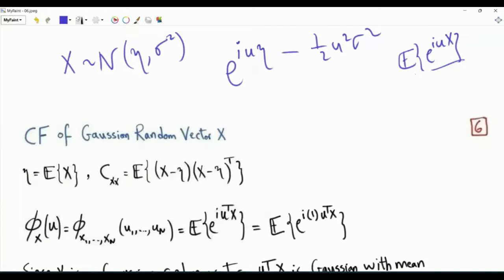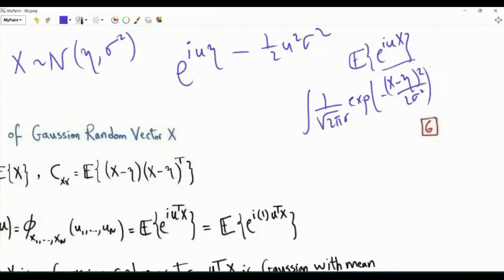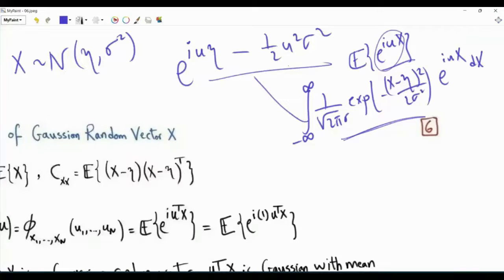We know the Gaussian distribution, e to the minus x minus eta squared over 2 sigma squared, and then we multiply by e to the I ux dx from minus infinity to infinity. So basically that's the expectation written here as the integral of this term times the Gaussian PDF. You do the integration, it requires contour integration in the complex plane, and so we end up with this thing.